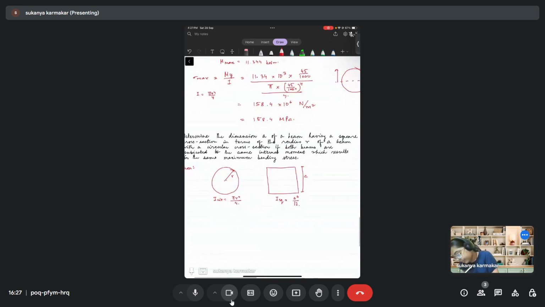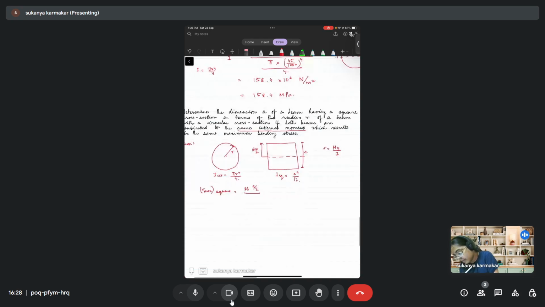Now the expression for the bending stress is My by I, with the same internal moment, so M is the same. For the square, the value of y is a by 2, divided by I, which is a to the power 4 by 12.